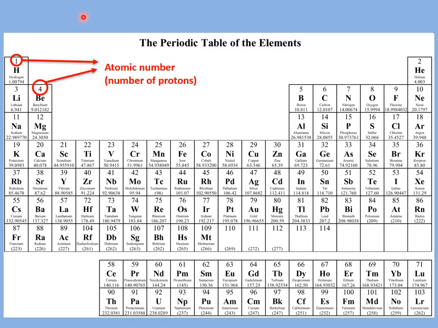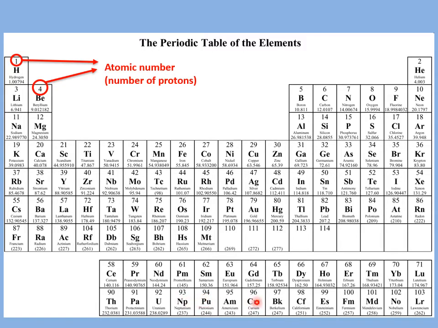However, the periodic table of the elements is basically a list of all of the elements that exist. There are roughly 92 naturally occurring elements. I say roughly because 93 and 94, neptunium and plutonium, actually do exist naturally, but their abundance is so tiny compared to uranium here that oftentimes these are said to not really exist naturally.